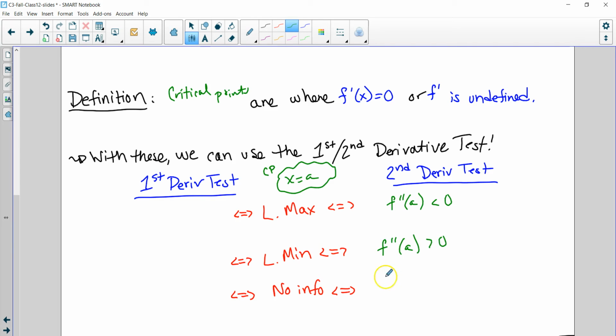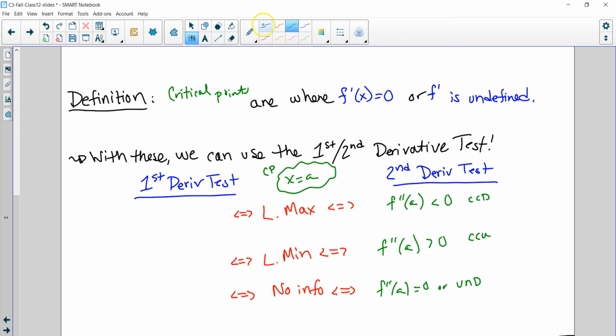And then really if the second derivative is either 0 or undefined, and I'm just going to write UND for undefined, we don't have any information. We talk about the second derivative being 0 as a possible point of inflection. You might remember that language where it changes concavity, and also remember that this is the same as concave down, and this is concave up. So just remember that.